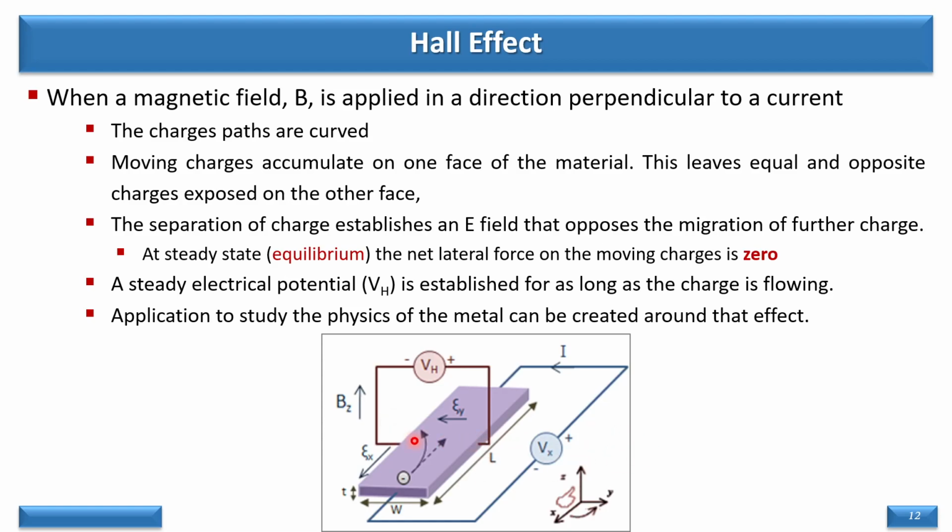If we measure the voltage difference between the right side and the left side, we'll have some voltage because of this Hall effect, and this voltage is the potential difference at equilibrium. From this voltage we can calculate the charge density in this material. We can know some physical properties about the material, and this is called the Hall effect.